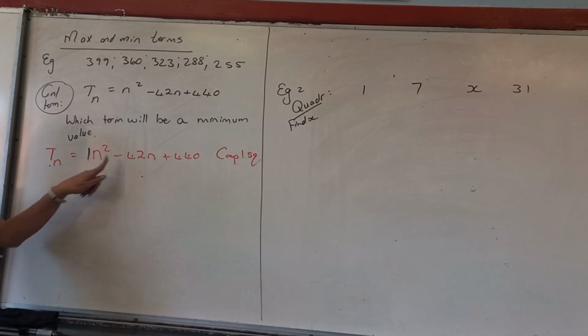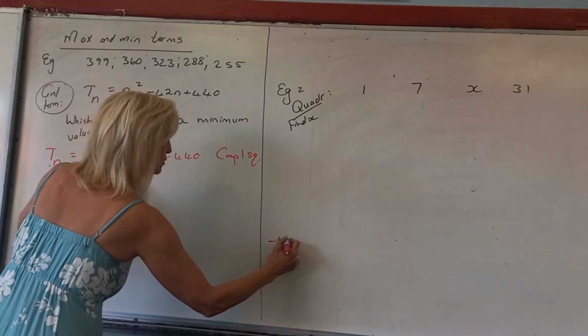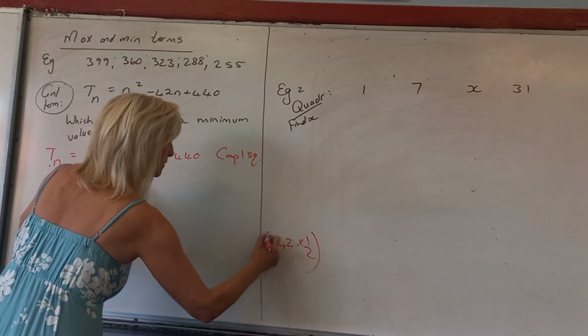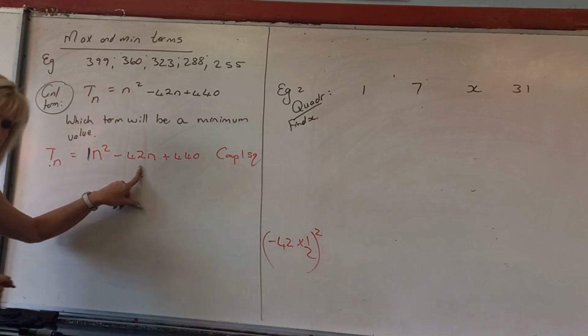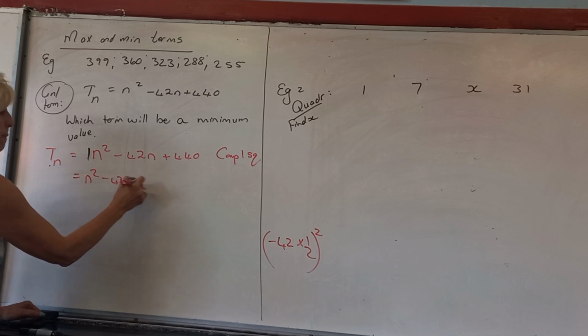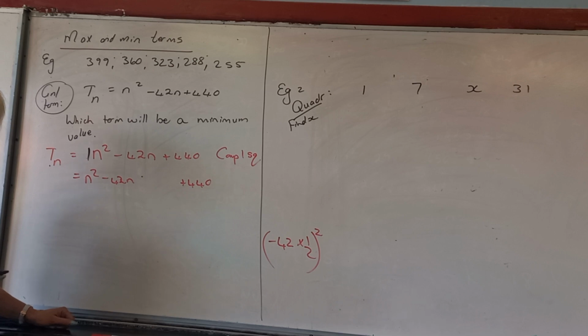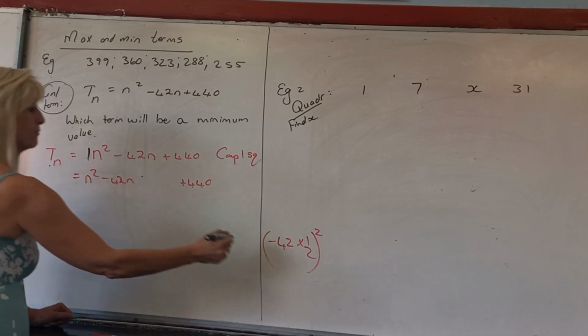Then if this is a 1, you take the coefficient of n, which is? 42. Negative 42. What do you do with the negative 42? Times a half. Times a half? And square it. Please give me an answer. Yes? 441.